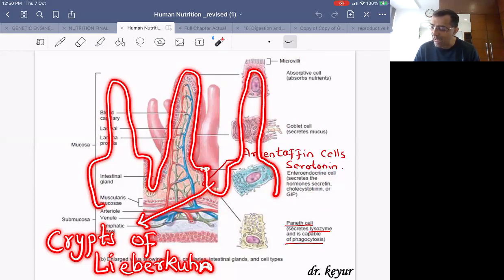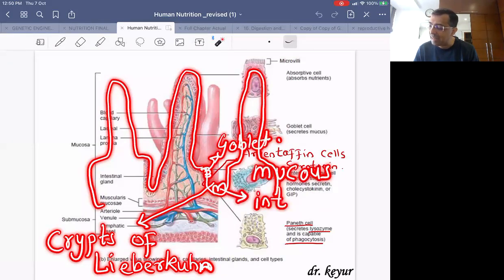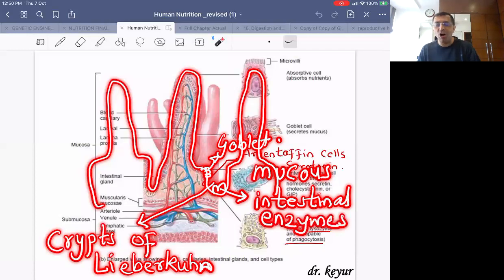सबसे पहले you have goblet cells, and goblet cells give out mucus, and then there are secretory cells. Secretory cells give out intestinal enzymes, and mucus plus intestinal enzymes help in digestion of carbohydrates, proteins, and fats.